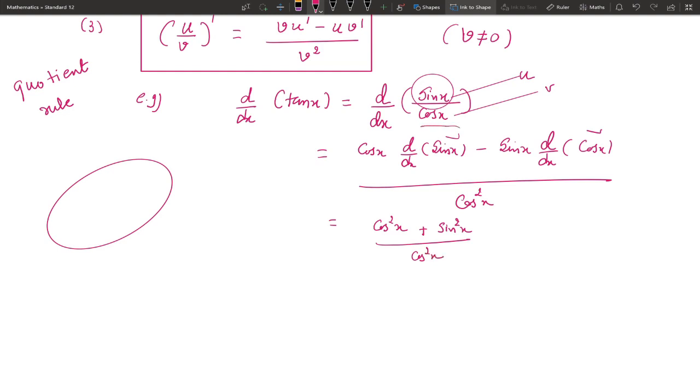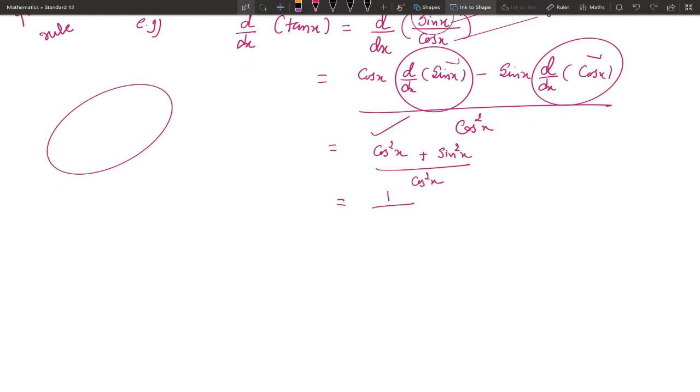In the numerator, by the identity cos square plus sin square is 1, so 1 upon cos square x is sec square x. So d by dx of tan x is sec square x.